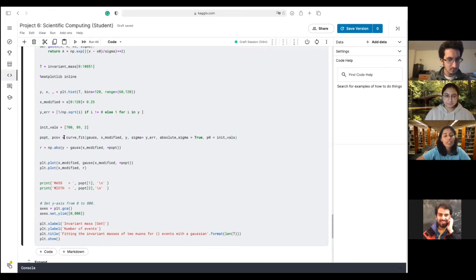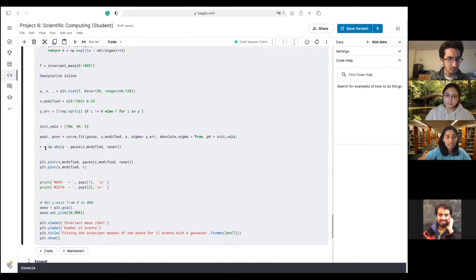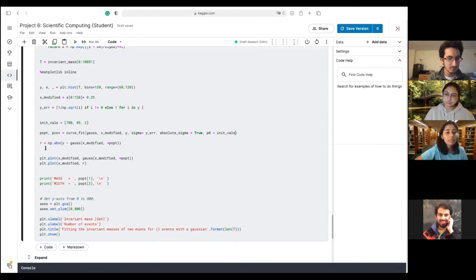And then after that, just to see how good our fit is, in the slides we saw the value of residues. So we calculate the value of residues and plot it in the same plot. R is basically the absolute value of Y, which is the point from our experiment, minus the predicted value from the function with popt, the variable which stores the optimized parameters.